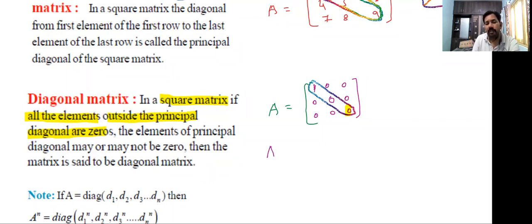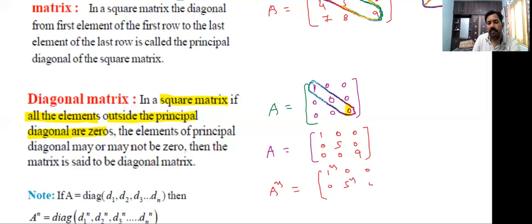For suppose a matrix is given like this: 1, 0, 0, 0, 5, 0, 0, 0, 9. Then what is A power n, or A square, A cube, A power 4? This is the formula: 1 power n, 0, 0, 0, 5 power n, 0, 0, 0, 9 power n. This is a diagonal matrix.